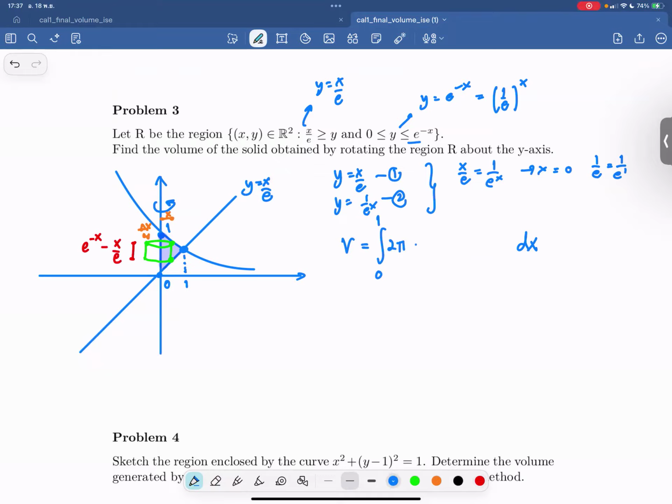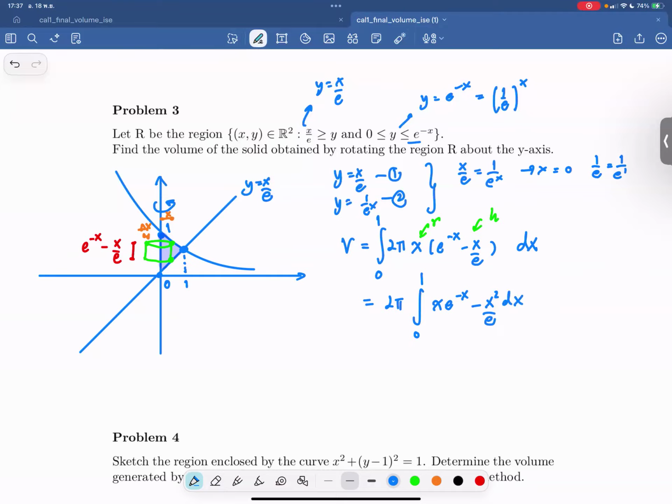So we put x as the radius and e power minus x minus x over e as the height. Okay, so next we will calculate the integral of x e power minus x minus x squared over e dx.